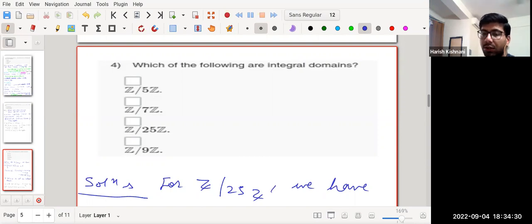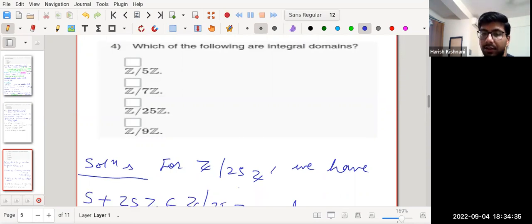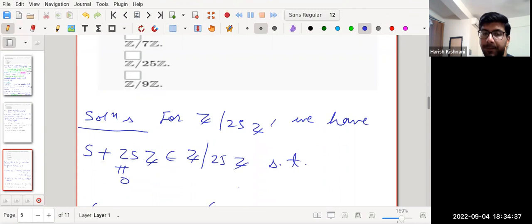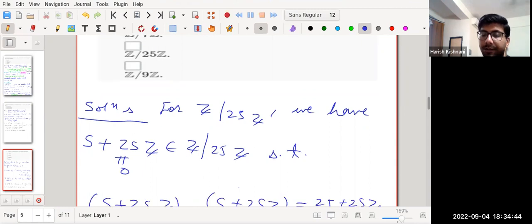So what is zero in Z modulo 25Z? It is just the zero coset, that is 0 plus 25Z, or you can just say 25Z. And we have this non-zero element 5 plus 25Z inside your Z modulo 25Z.